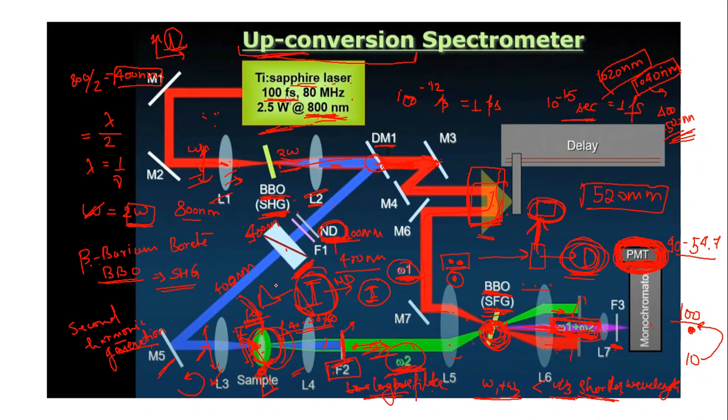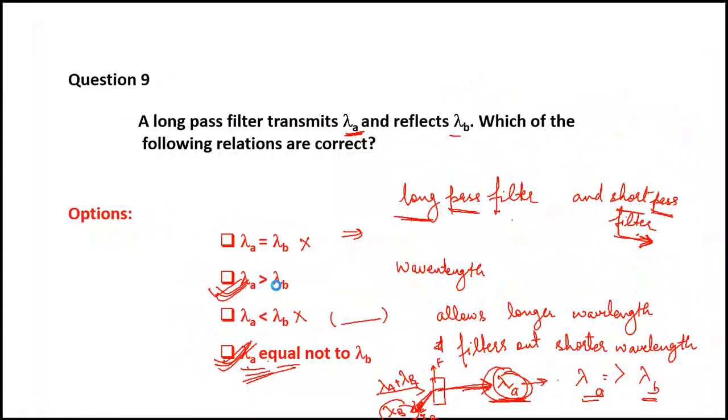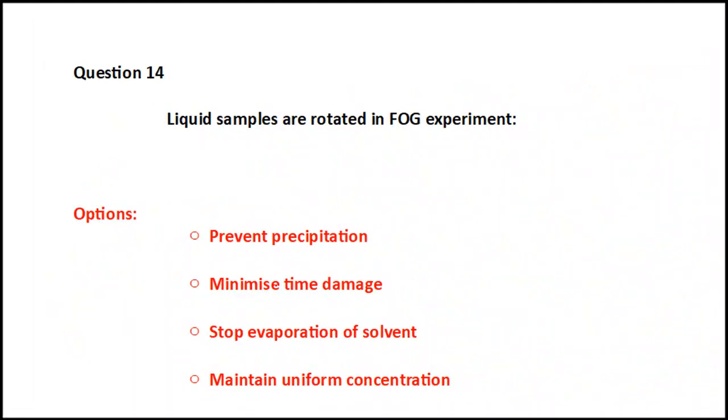So this is the conclusion. The answer for this question: the liquid samples are rotated in a fog experiment to prevent precipitation, to minimize the damage, or to stop the evaporation of solvent, or to maintain uniform concentration. As in the solid we do ramping, in case of liquid we rotate the sample, and there are two reasons for it.